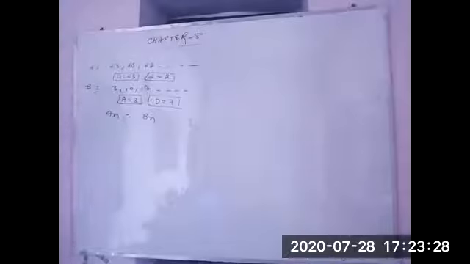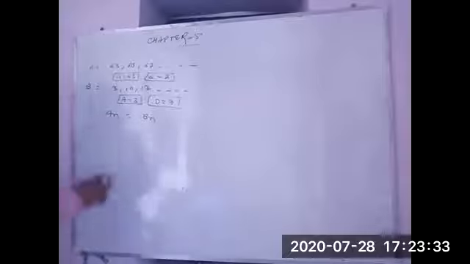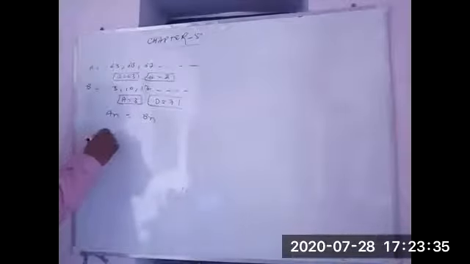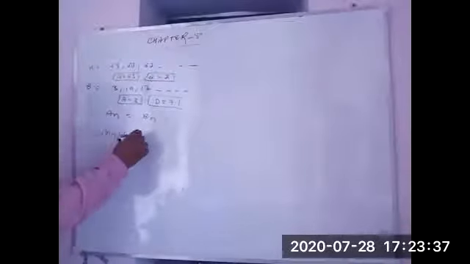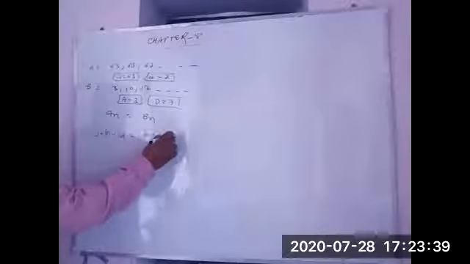Now an will be equal to bn. An is a plus n minus 1 d.